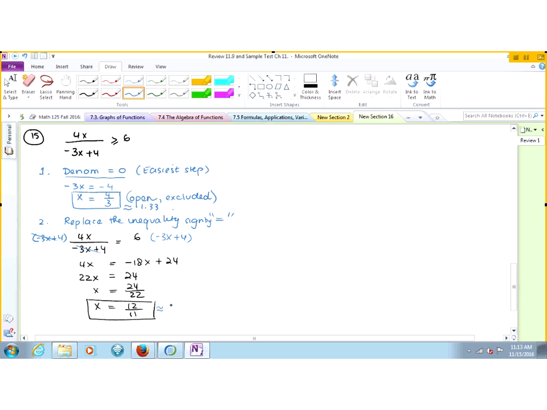It's 1.09. So when you graph, which one's bigger? 4/3 is bigger. So when you graph 4/3, open or closed? Open. 4/3 is bigger, so it's to the right. And 12 over 11, open or closed? Closed.